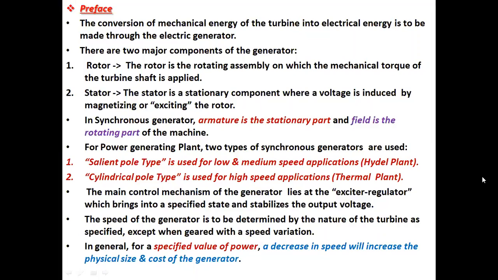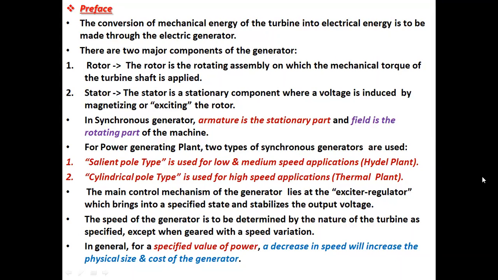In preface, the conversion of mechanical energy of the turbine into electrical energy is to be made through the electric generator. There are two major components of the generator. One, rotor.